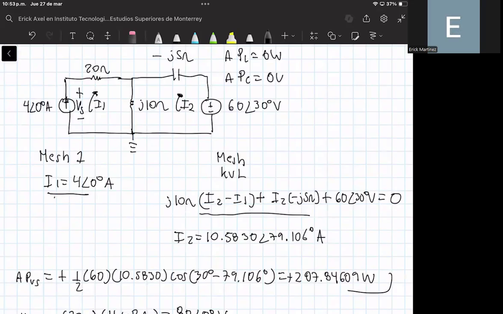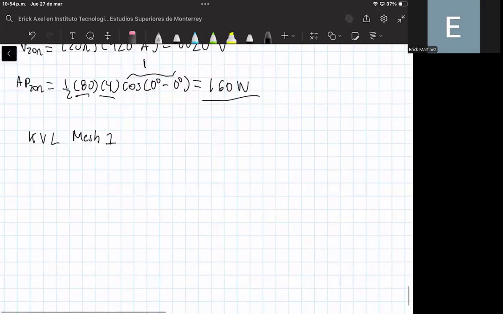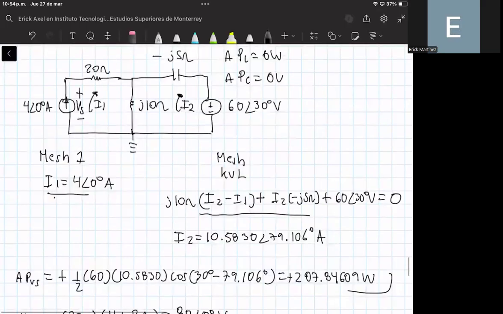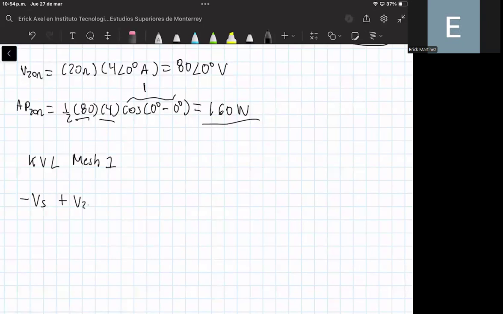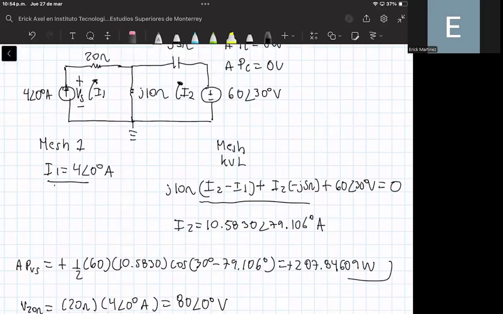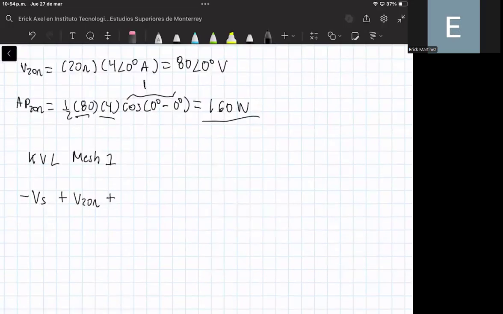Okay, so again we can apply the Kirchhoff voltage law to mesh number one, and this is equal to minus the voltage source voltage plus the voltage of the 20 ohm resistor plus the voltage in the capacitor. And we can express that as the impedance value times the difference in currents between mesh number one and mesh number two, and this is equal to 0.